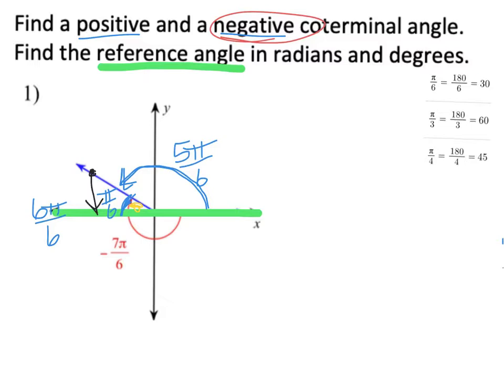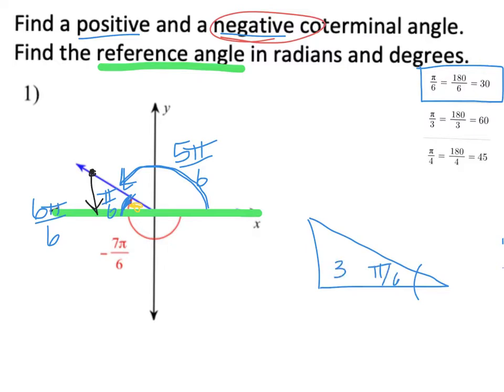So what is pi over 6 in degrees? That is 30 degrees, because pi is 180 divided by 6 is 30. So our reference angle here, and I'm going to draw this a little bigger because it's so tiny, is either pi over 6 or 30 degrees. This is degrees and this is radians.